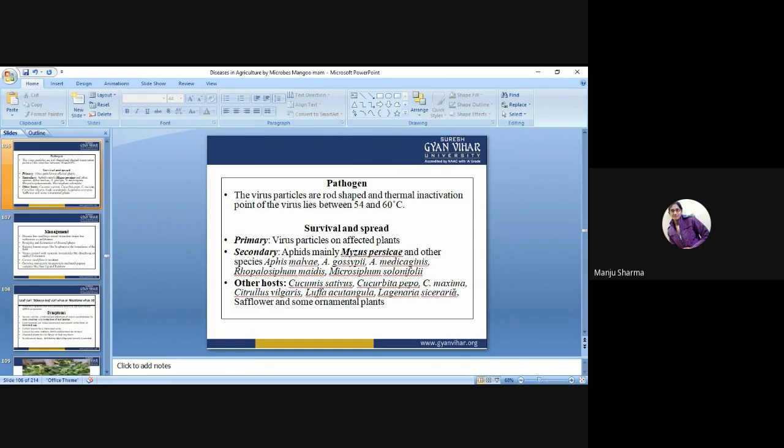Then secondary is the aphids, mainly Myzus persicae, and other species like Aphis malvae, Aphis gossypii.